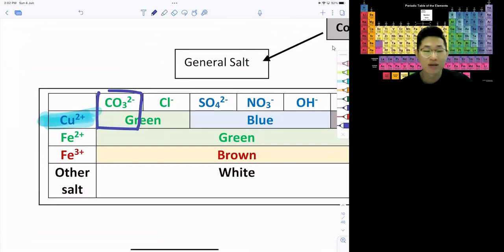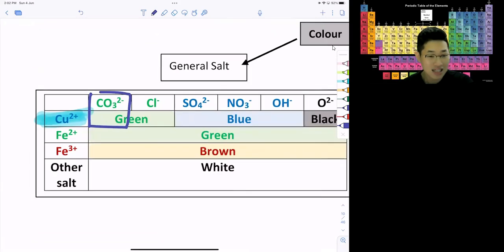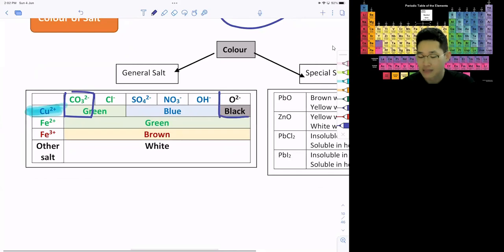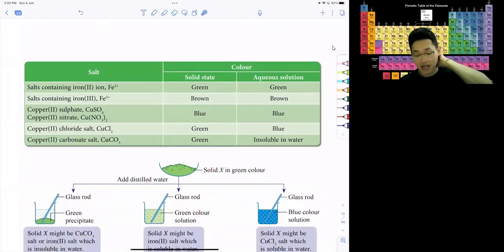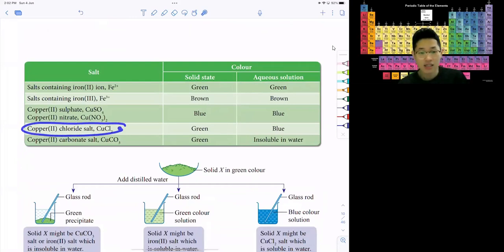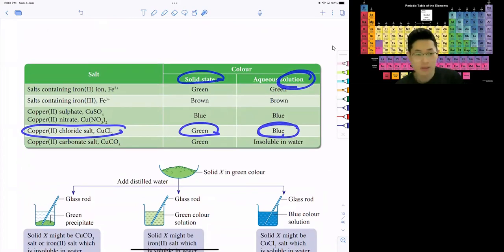copper(II) carbonate is green and copper(II) oxide is black. Copper(II) chloride is green in solid state, but blue in solution.